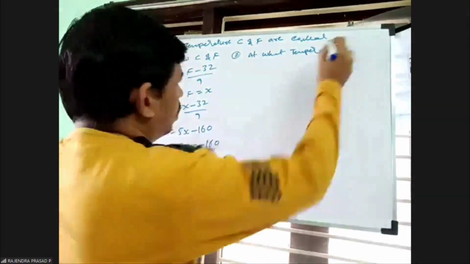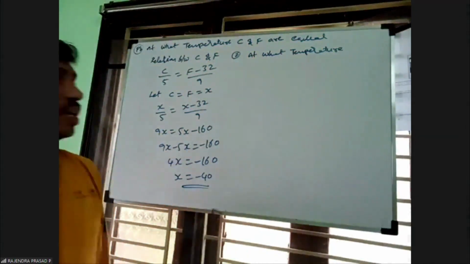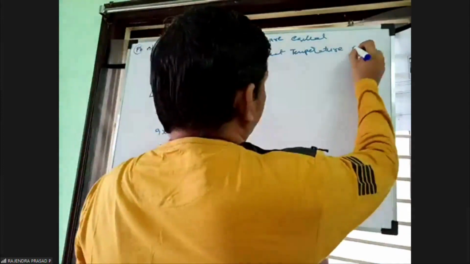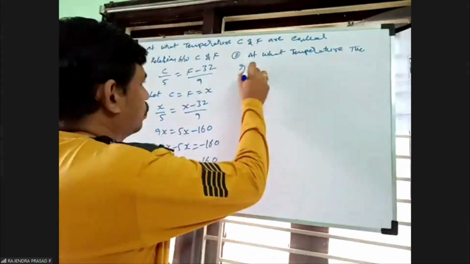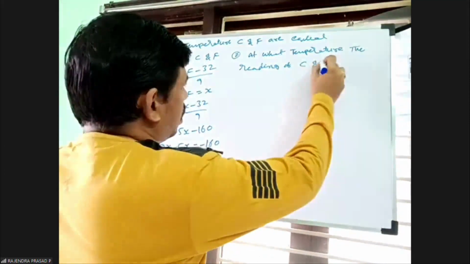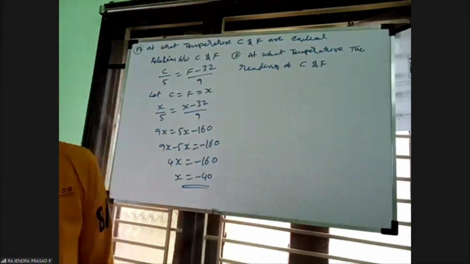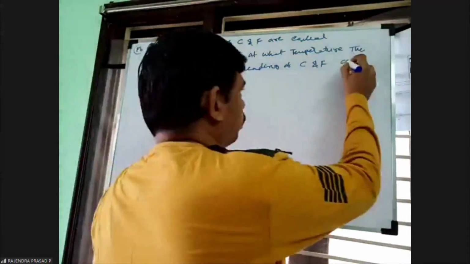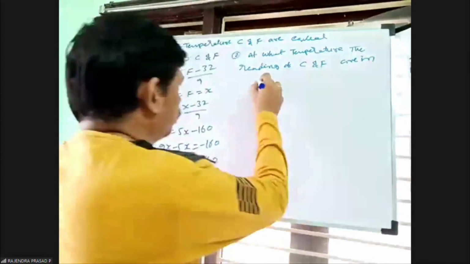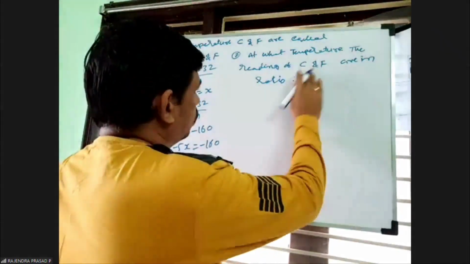At what temperature are the readings of the centigrade scale and Fahrenheit scale in the ratio 2:3?